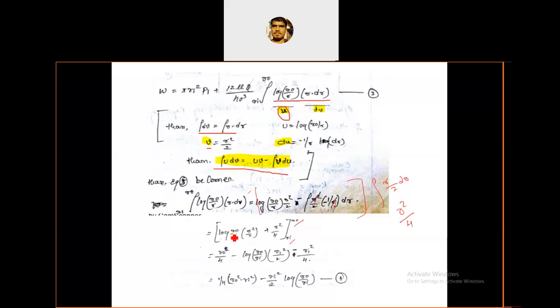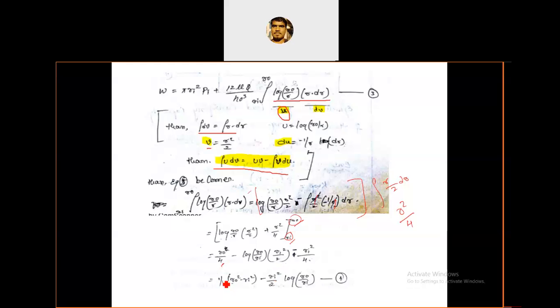Log 1 means 0. Only r naught square by 4 remains. Next I have to apply ri. If I substitute ri, it is log r naught by ri square by 2 minus ri square by 4. We have to substitute two values after integration. So substitute one value and subtract this. It is simple mathematics, which you did in M4 M3, the same mathematics is used here. It takes 5 minutes, finish it off.